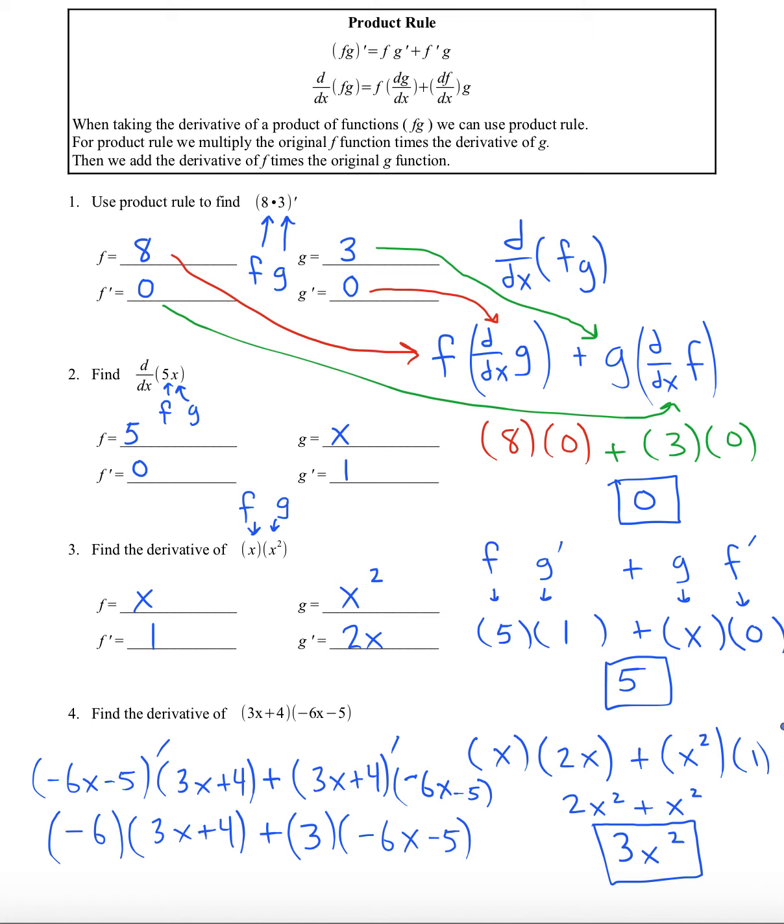We could simplify it further if we wanted to. Let's see. We'd have negative 18x minus 24 minus 18x minus 15. Looks like negative 36x minus 39.